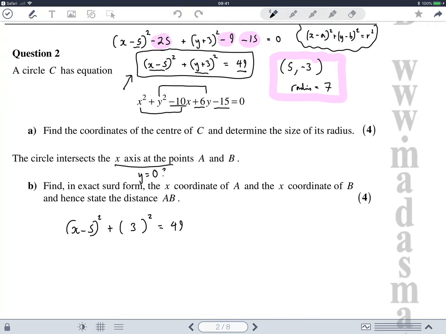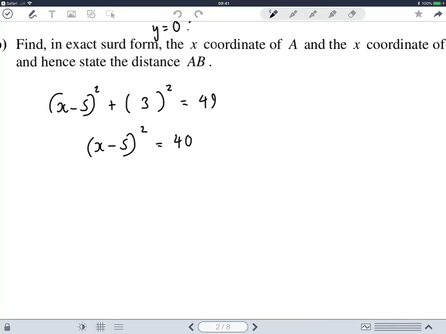So 3 squared is 9, so if I subtract 9 from both sides, I get x minus 5 squared equals 49 minus 9, which is 40. When I square root both sides, I get x minus 5 equals the square root of 40. Well, that's going to be root 4 times root 10, which is 2 root 10, plus or minus, because we've square rooted it.